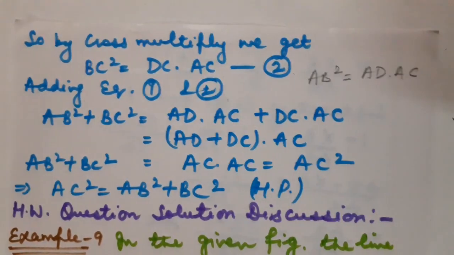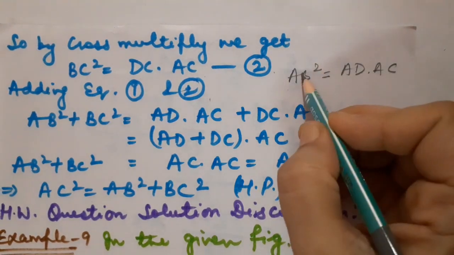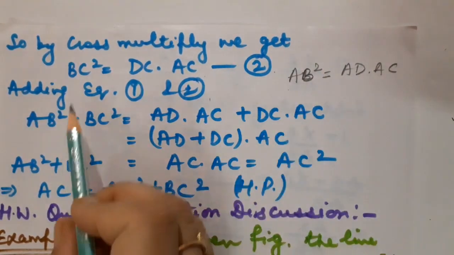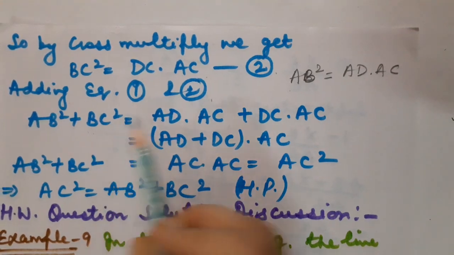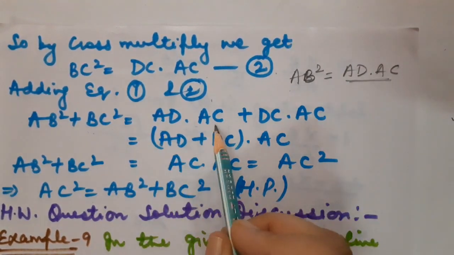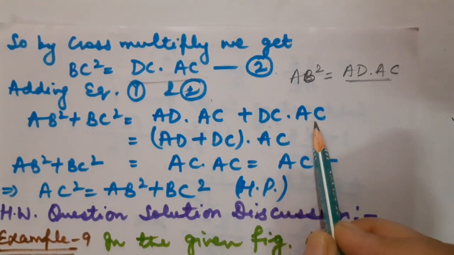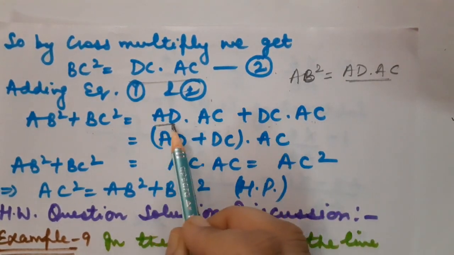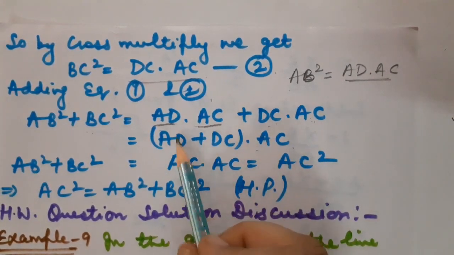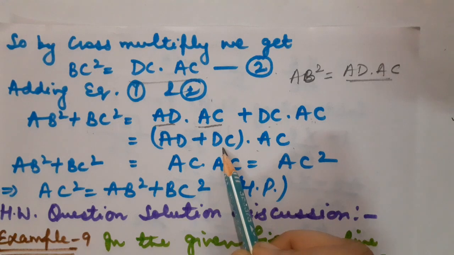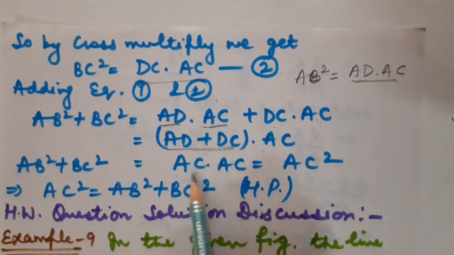So let us add: AB square plus BC square, LHS added to LHS, is equal to AD into AC plus DC into AC. Now I am going to take AC common. So what is left? AD plus DC. Clear? Now AD plus DC is nothing but AC only.